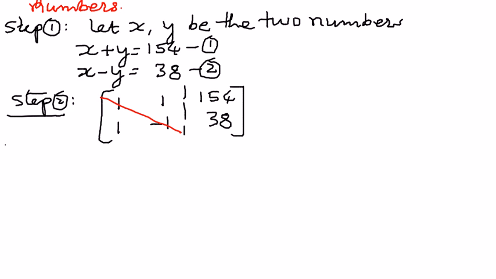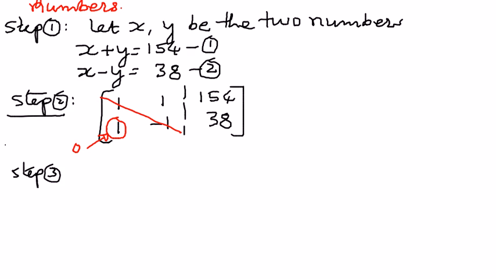What we want here is ones along the diagonal, not a -1. We want a positive one there, but we want the values below the diagonal to be equal to 0. So we want this location to be equal to 0, and to achieve that, we're going to use row operations.